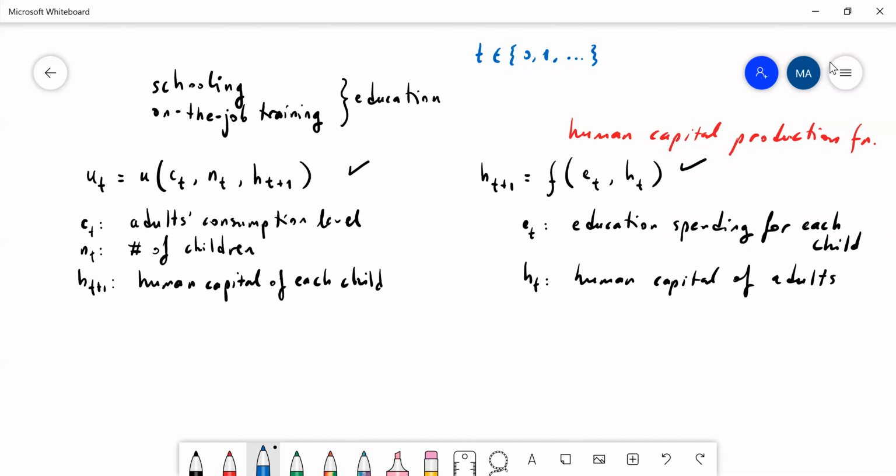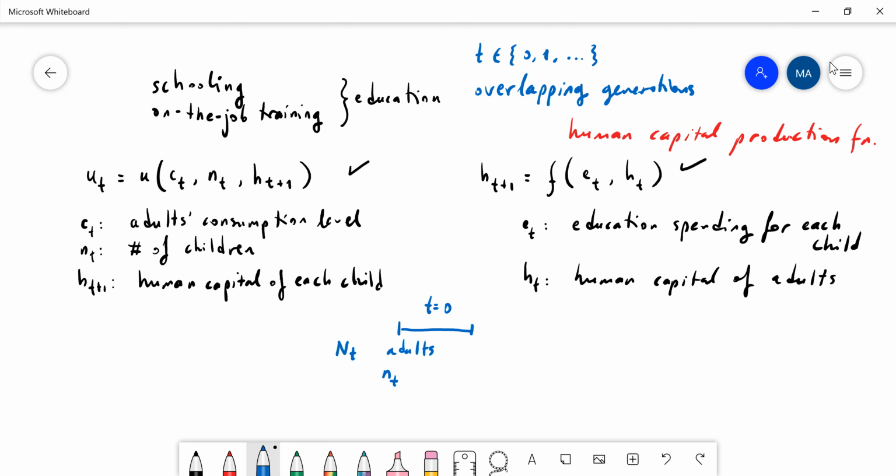We can imagine something like this. This is called overlapping generations. At t equals 0, there are some adults here, let's say their number is equal to N_t. Then these adults have kids, let's say they have N_t kids.